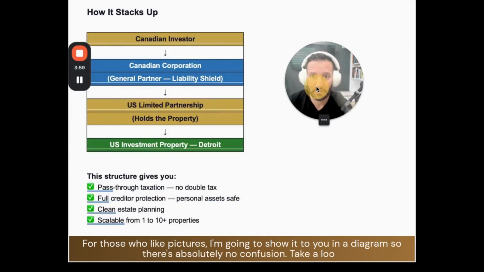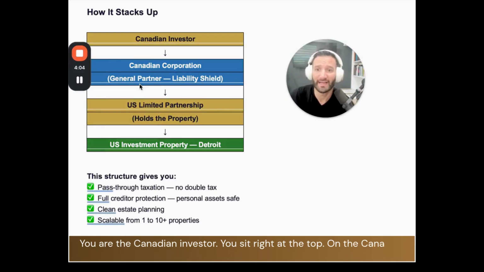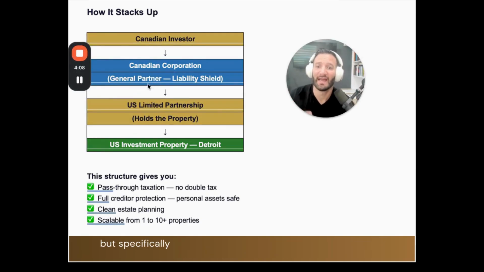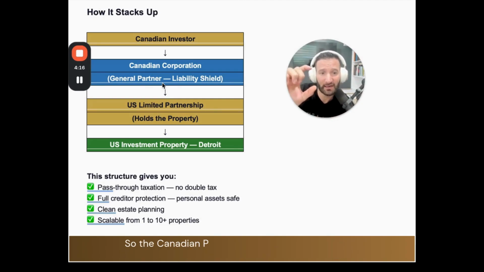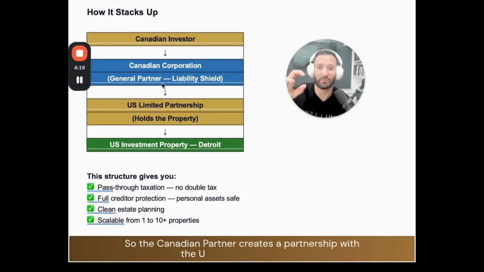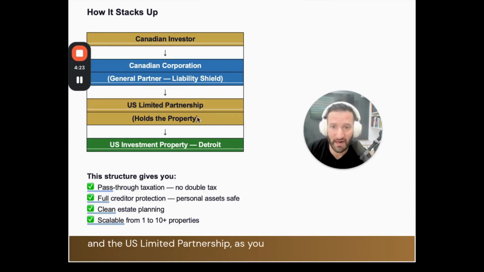Take a look. You are the Canadian investor. You sit right at the top. On the Canadian side, you'll have a Canadian corporation, but specifically a general partner corporation, which creates a partnership with the US limited partnership. So the Canadian partner creates a partnership with the US limited partnership, and the US limited partnership, as you can see right here, holds the property.